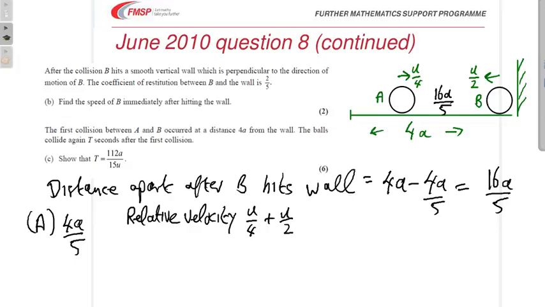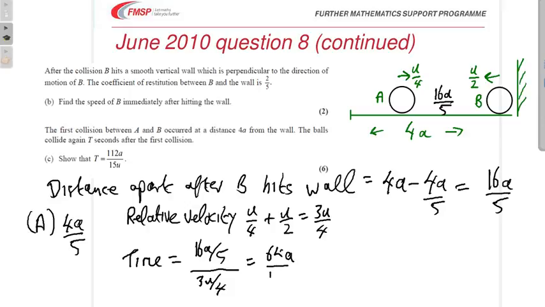And the time then will be 16a over 5 over 3u over 4. That's what u over 4 plus u over 2 is. So 16 over 5 over this closing velocity, the relative velocity. And that time is 64a over 15u.